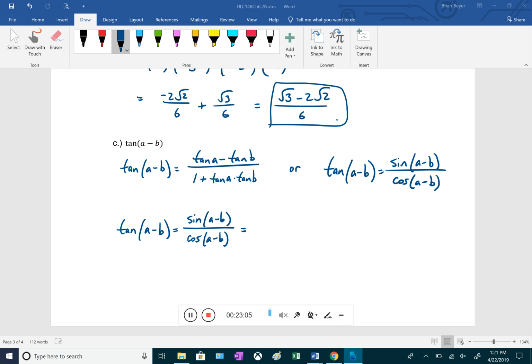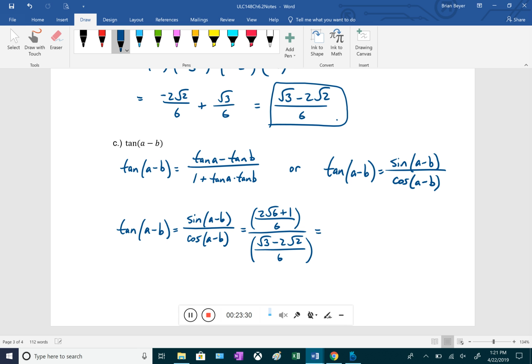So sine was 2 radical 6 plus 1 divided by 6. And cosine was radical 3 minus 2 radical 2 over 6. So this would be keep, change, flip.